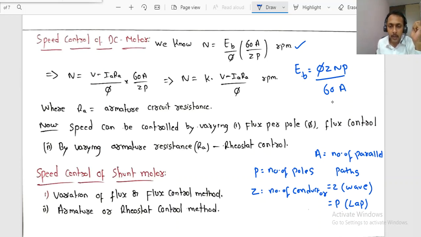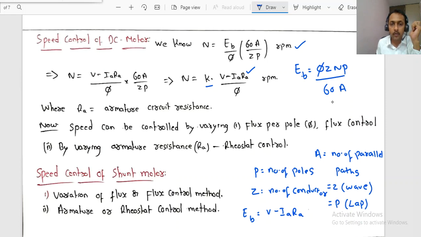Again, with respect to EB equals V minus IA RA, by substituting that in place of EB, we get N equals V minus IA RA by phi into 60A by ZP. If you separate the constant, then N equals K times V minus IA RA by phi. From this, if flux is reduced, then the speed will be increased. And also by changing the parameter RA, armature resistance, we can control the speed.